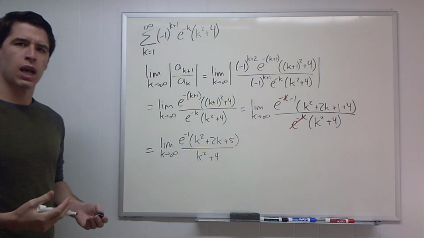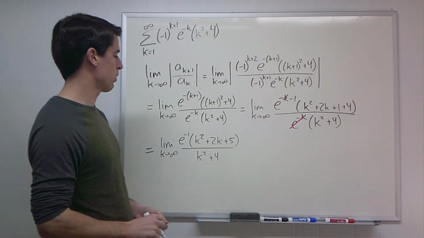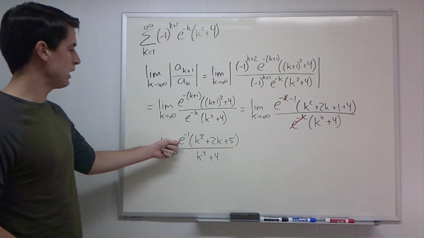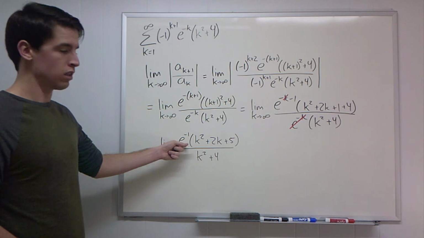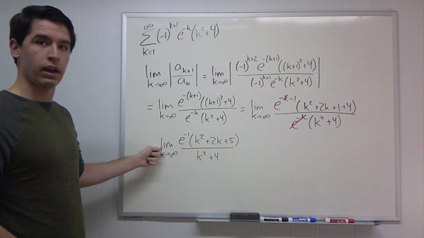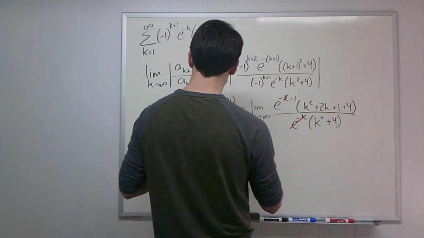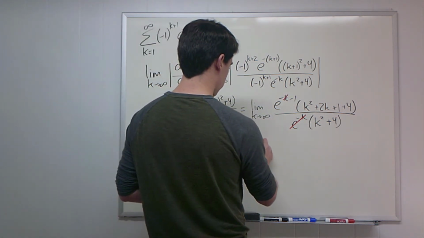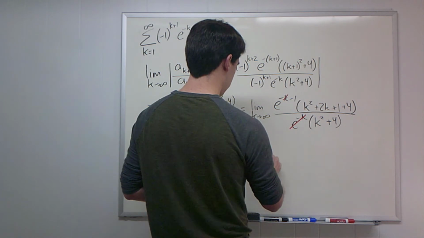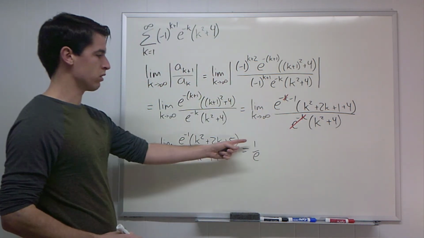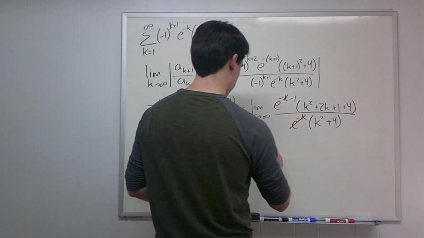And I'll do one more step just so we're very clear on what this limit is. The e^(-1) is a constant, so I can bring that outside of my limit. So I have e^(-1), which is just 1 over e. Right? e^(-1) is 1 over e.